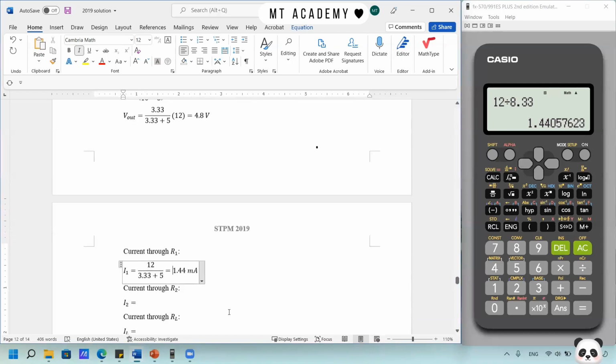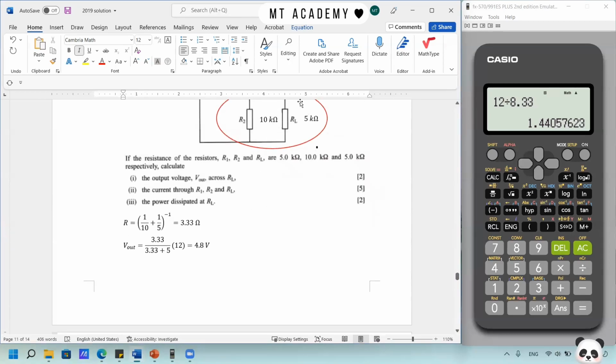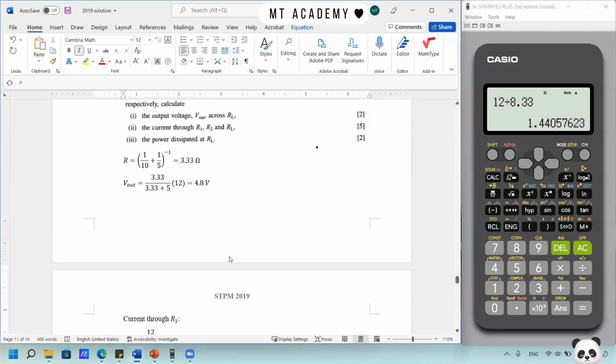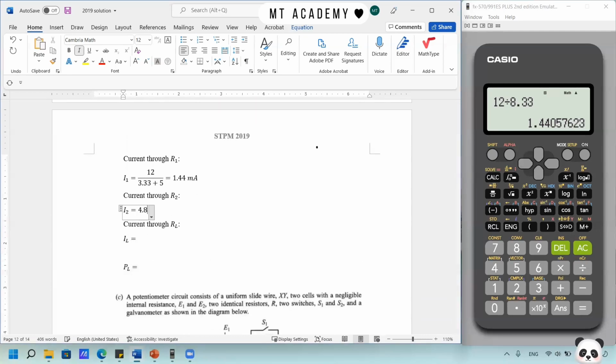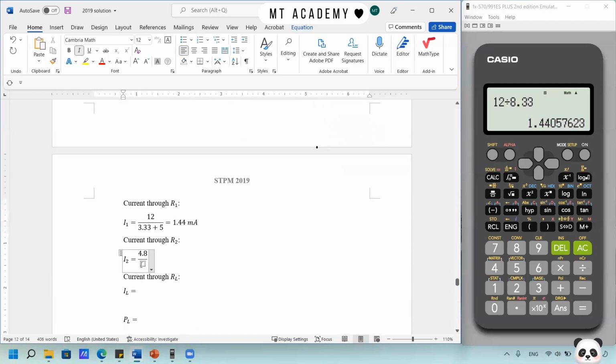As for the current through R2, we can also apply V equal to IR. We know the voltage across these two resistors is 4.8 volt, so 4.8 divided by the resistance of R2, which is 10 kilo ohm, will be equal to 0.48 milliampere.